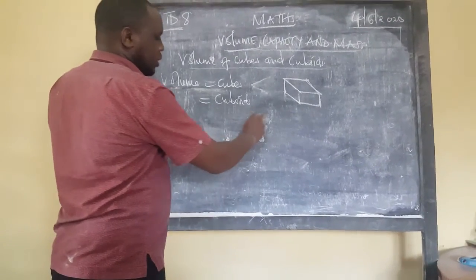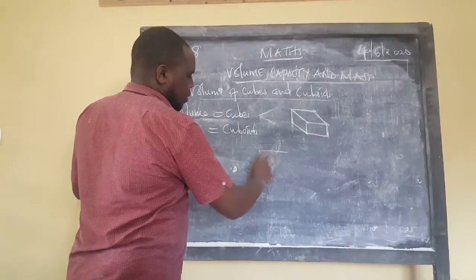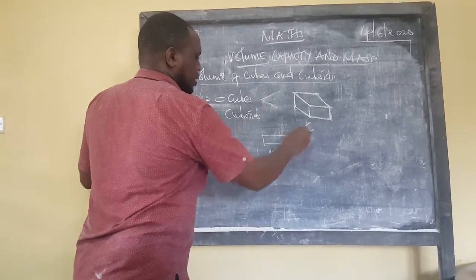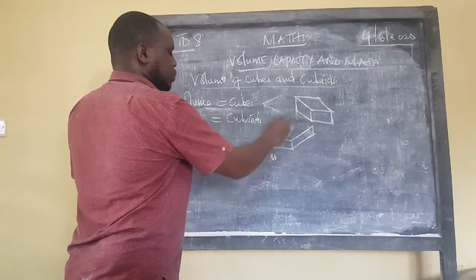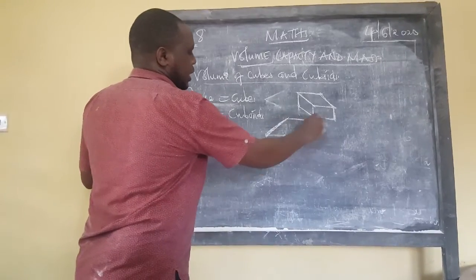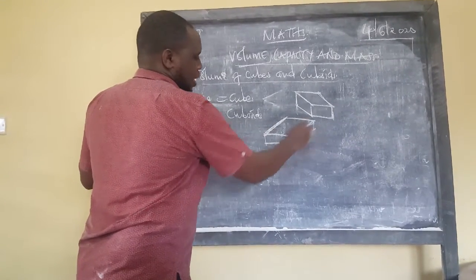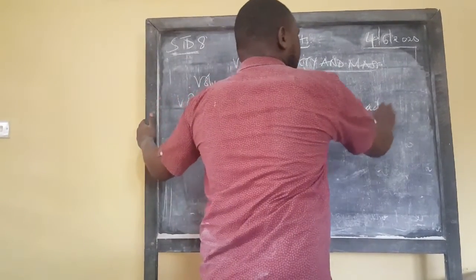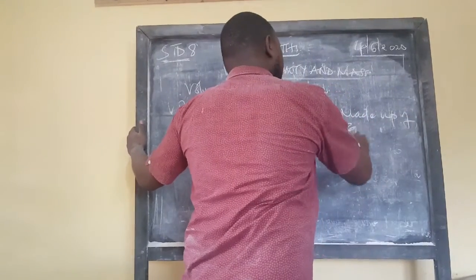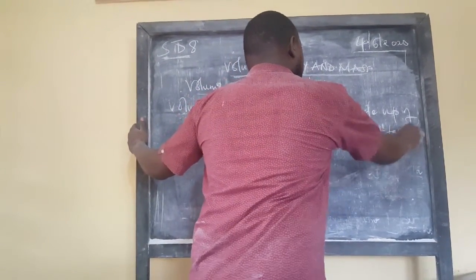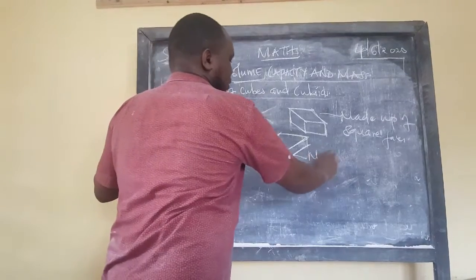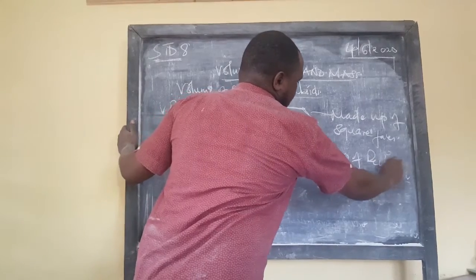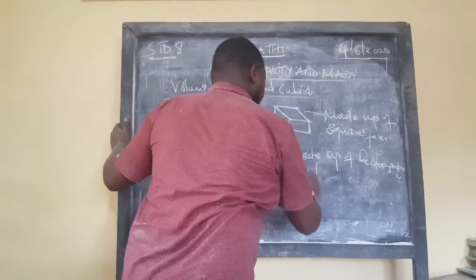Then a cuboid is the opposite of that, where some sides are longer compared to the others. So a cuboid is made up of rectangular faces, while a cube is made up of square faces.